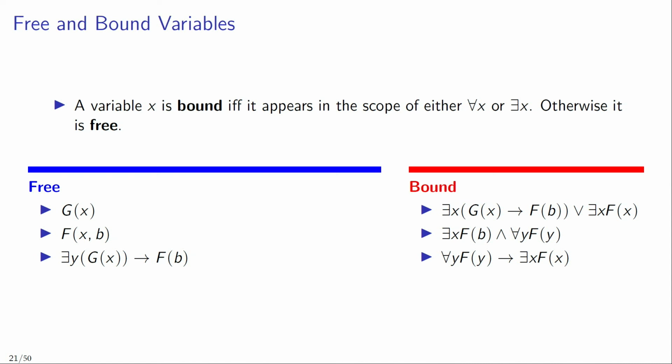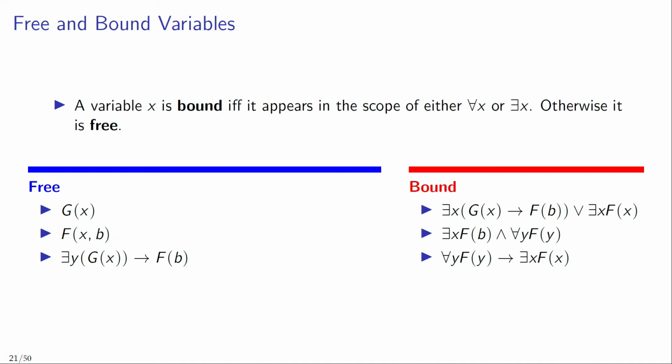Now the third example is a bit more complicated. There we have in the formula, if there is a y such that gx, then fb. Now, the variable x here appears within the scope of the existential quantifier, but you may notice that here the existential quantifier actually binds the variable y and not the variable x.